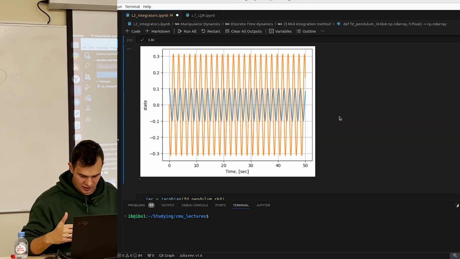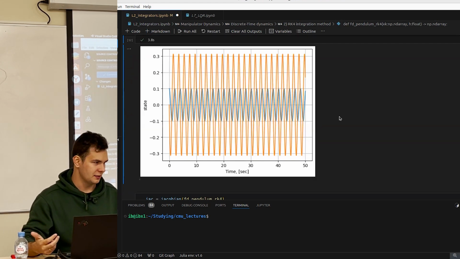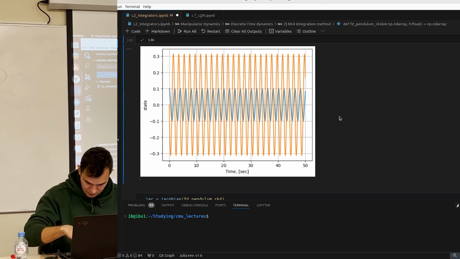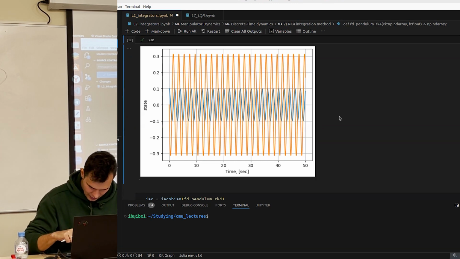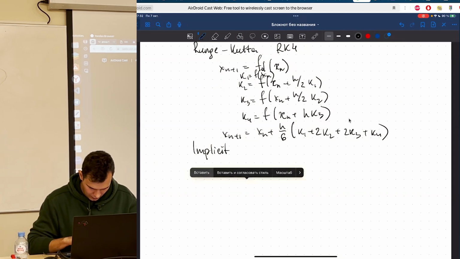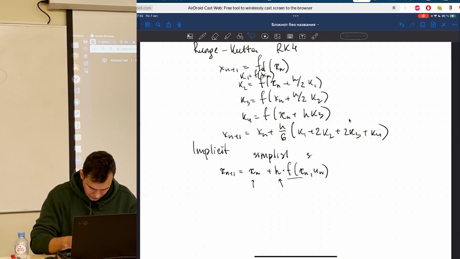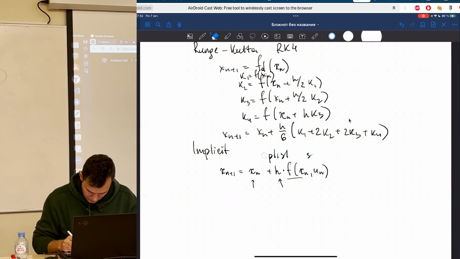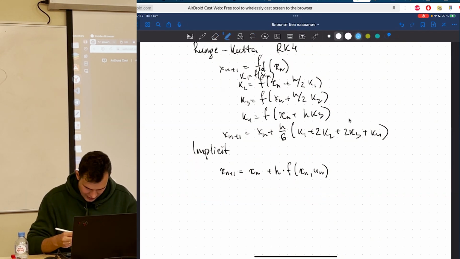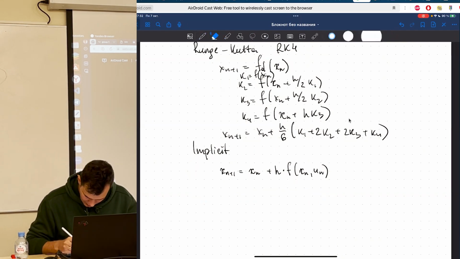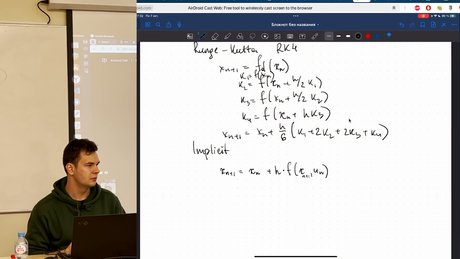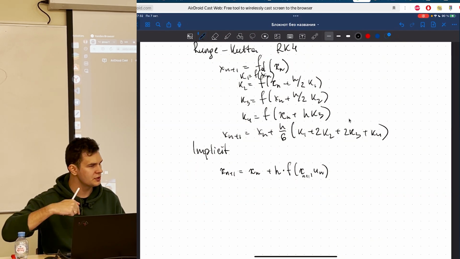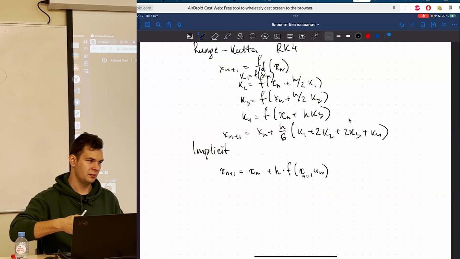There also exists something which is called implicit. The idea is pretty much the same, so I will copy stuff from here. But instead of xn, I'm going to write n plus 1. So look, now it uses not a previous step, but a future step.